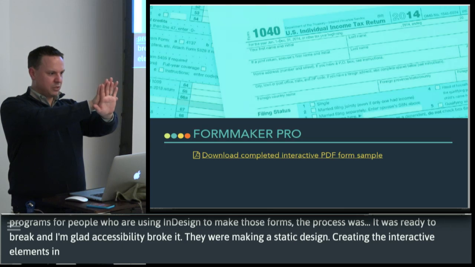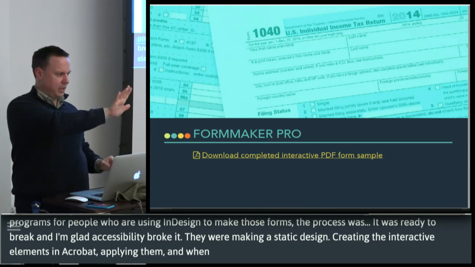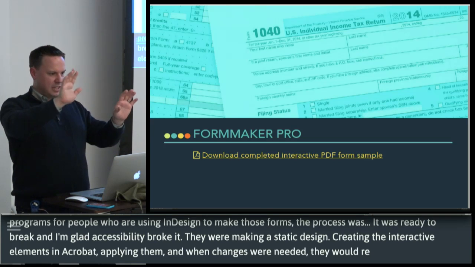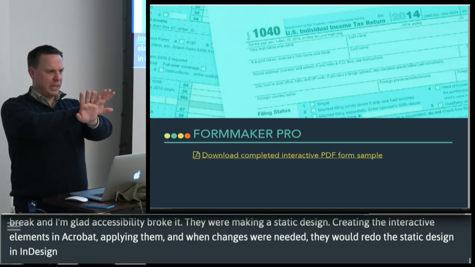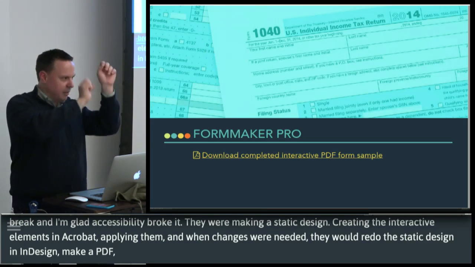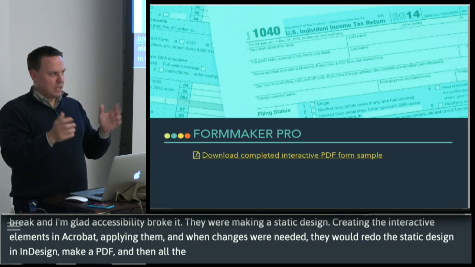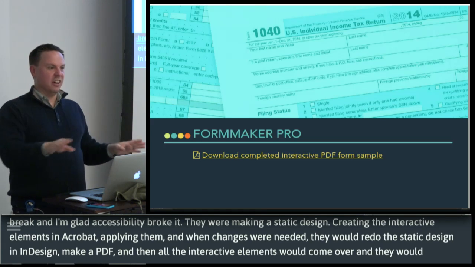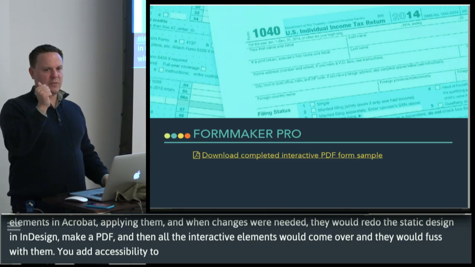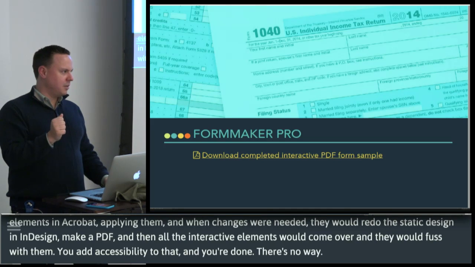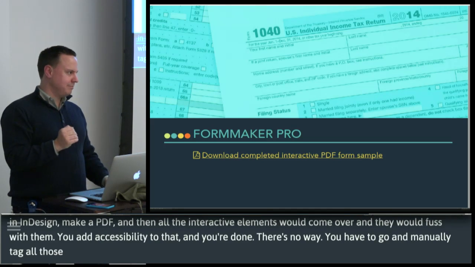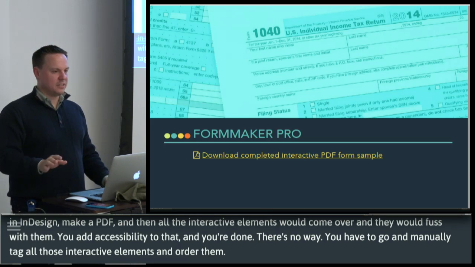And then when changes were made, they would redo the static design in InDesign, make a new PDF, static, flat. Take the interactive one and do something called replace pages, so all the interactive elements would come over, and then they'd fuss with them. Now you add accessibility to that, and you're done. There's no way, because you have to go and manually tag all those interactive elements and order them. It's completely unsustainable.